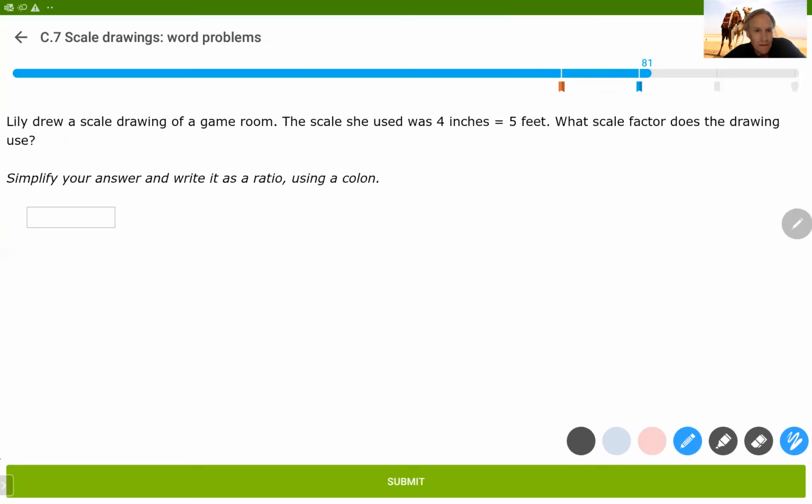What scale factor does it use? Now this time they didn't give us any units. For scale factor in this particular case, they want to use the same units. So we need to change the feet into inches by multiplying by 12. So we get 4 inches to 60 inches, and that reduces to 1 inch to 15 inches.